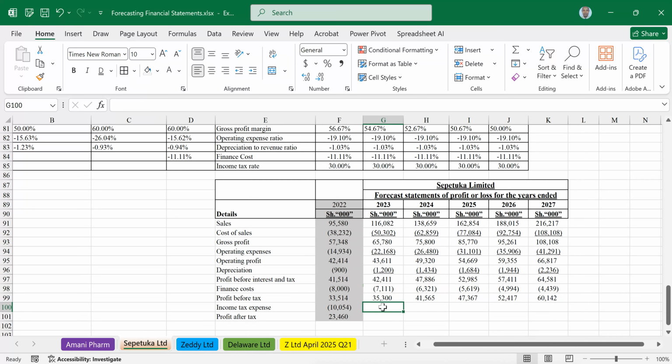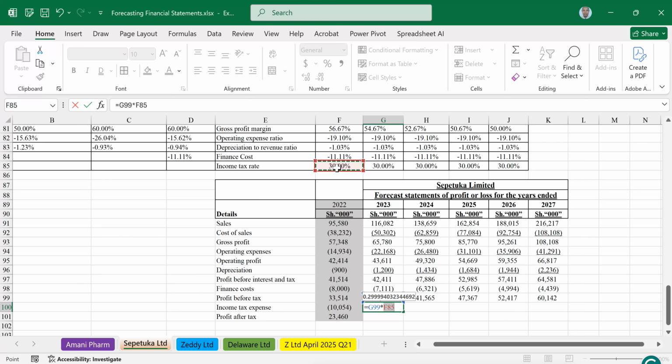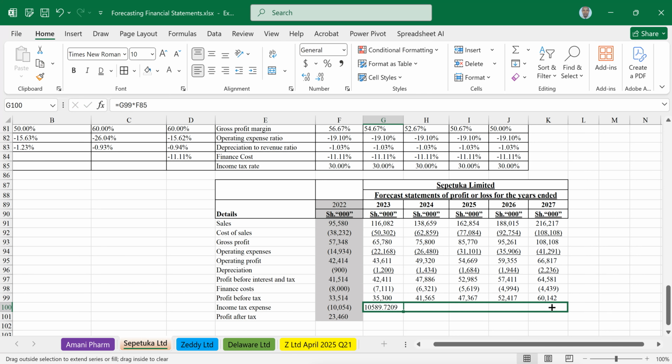Income tax expense. The income tax expense is just equal sign, profit before tax times, then click on the 30% up there. Enter.